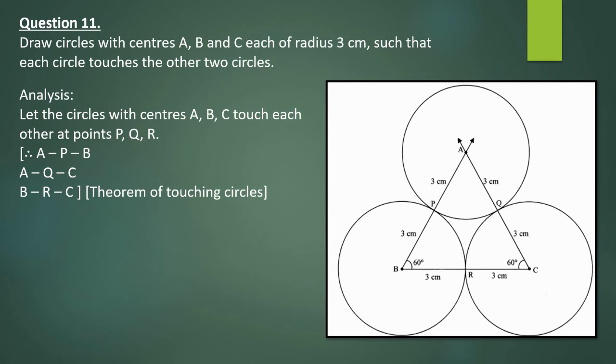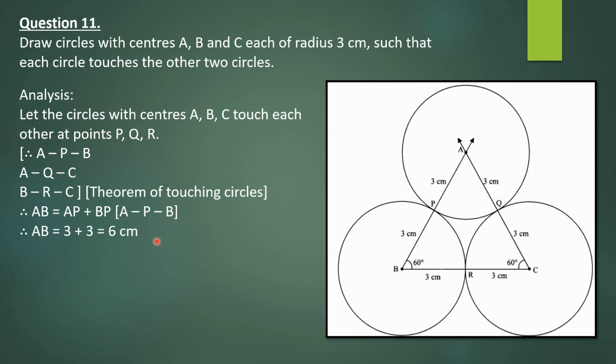So we know A, P and B will be in a straight line. That is, points A, P and B will be collinear. Points A, Q and C will be collinear. And points B, R and C will be collinear. So we can use the theorem of touching circles. We can say that AB will be equal to AP plus BP as A, P and B are collinear.